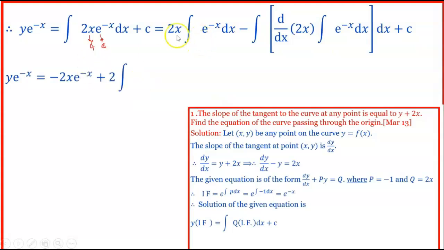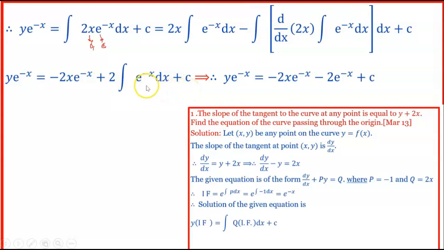Now keep this as it is. The integral of e raised to minus x is minus e raised to minus x, that is minus 2x into e raised to minus x plus derivative of 2x is 2. Integral of e raised to minus x is minus e raised to minus x, and minus and minus will become plus, 2 integral of e raised to minus x dx plus c.